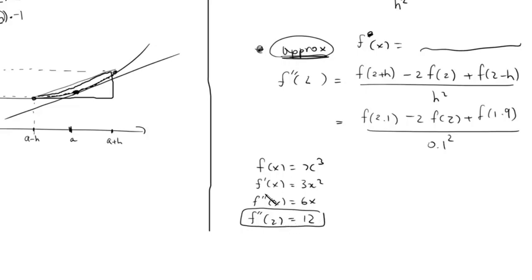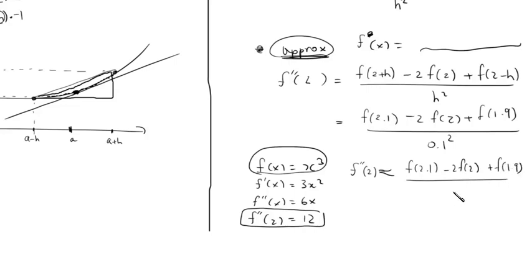But let's suppose this function is extremely difficult to differentiate. What we can do is say the second derivative evaluated at 2 is approximately f of 2.1 minus 2 of f of 2 plus f of 1.9 over 0.1 squared.